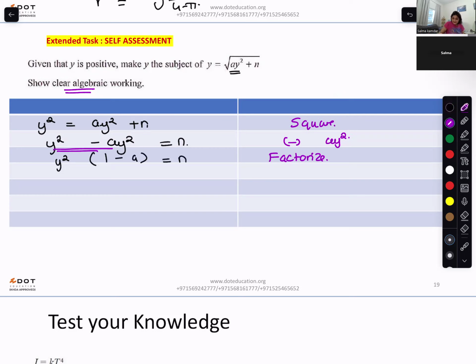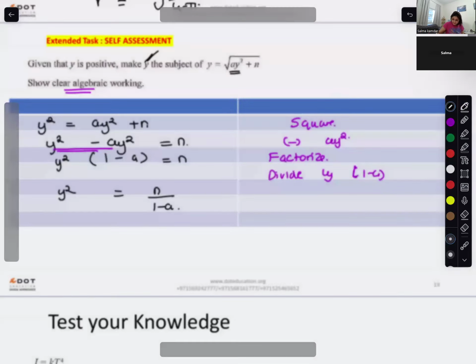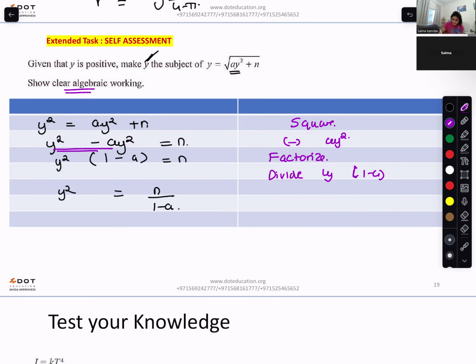Then I can divide both the sides by the factor, that is 1 minus a. So I will have y square is equal to m by 1 minus a. But I want to make y the subject. So what I can do, I will take the square roots.